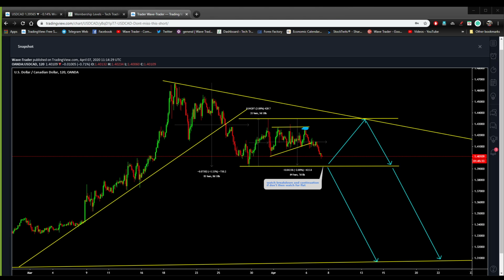Now for next week, this flat formation is still possible. We are not anticipating price to go back up. We are having some good news coming out today from the OPEC countries, so don't expect another move up. Just keep pushing lower for the continuation to the downside.